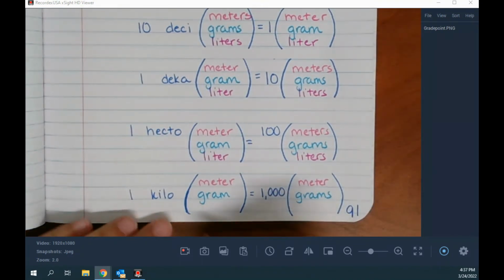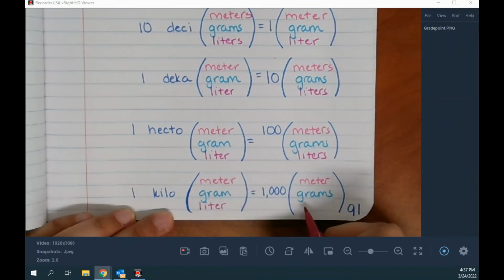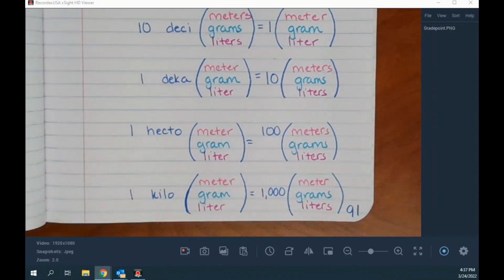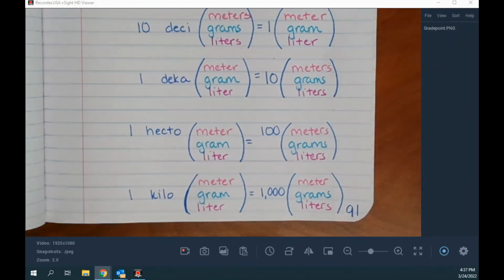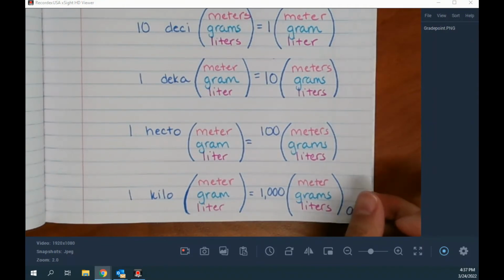And then 1 kiloliter equals 1,000 liters. So those are the conversions we're going to use, and we're going to use them pretty similarly to what we did with customary units. So we're going to look at some examples on the back. If you need to pause the video to finish copying this down, go ahead and pause it.